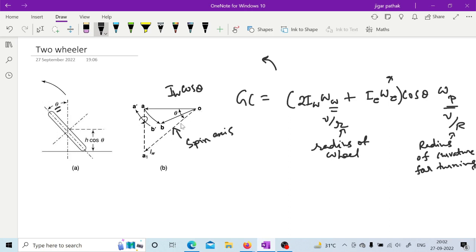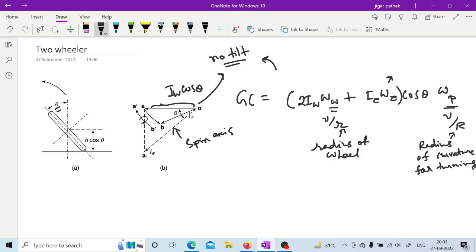In the case of an aircraft or a naval ship, this axis of spin is not going to tilt whenever you take a turn in an aircraft, or steer in a naval ship. There is no tilt in the previous cases which we have discussed. In the four-wheeler also you are not having any tilt of this axis of spin. Are you getting what I am trying to say?